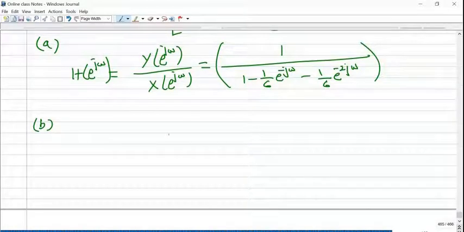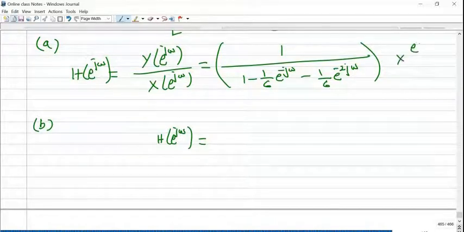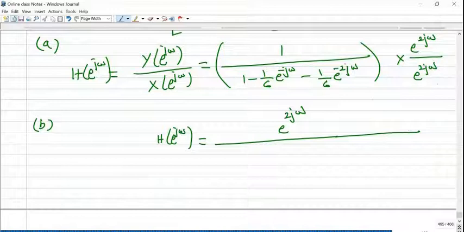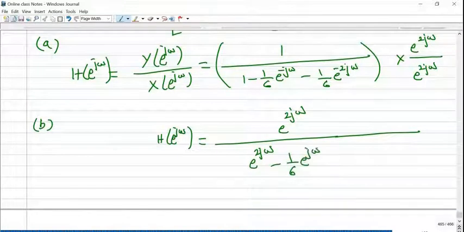First, convert this equation in the form of e power j omega. Multiply e power 2 j omega on both numerator and denominator: e power 2 j omega divided by e power 2 j omega minus 1 by 6 e power j omega minus 1 by 6.